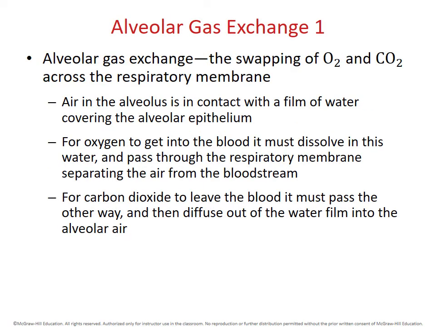So when air arrives at the alveolus, gases are going to move between the blood and the air. But last time we talked about the problem of how do we know which way gas is going to move when we have two different media. When we have gas in one case in a fluid, in plasma, and in the other case in the gaseous state.